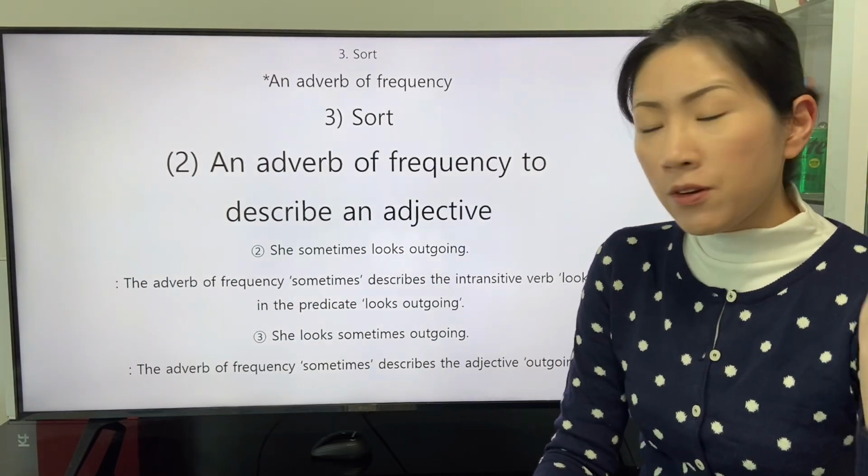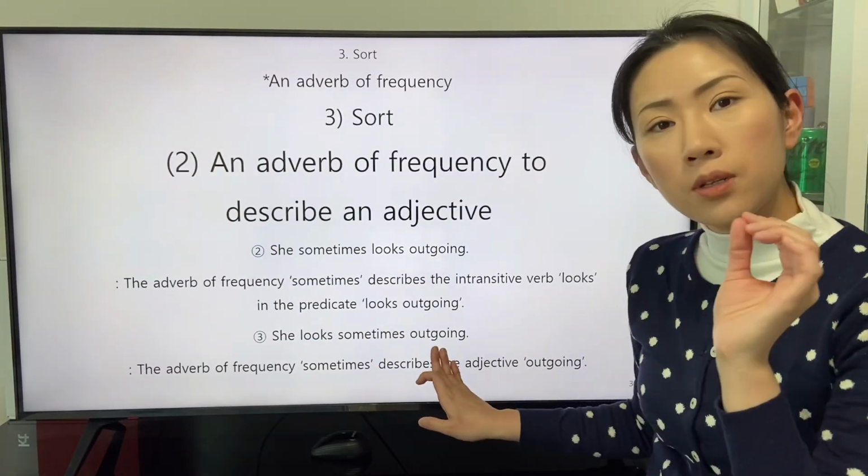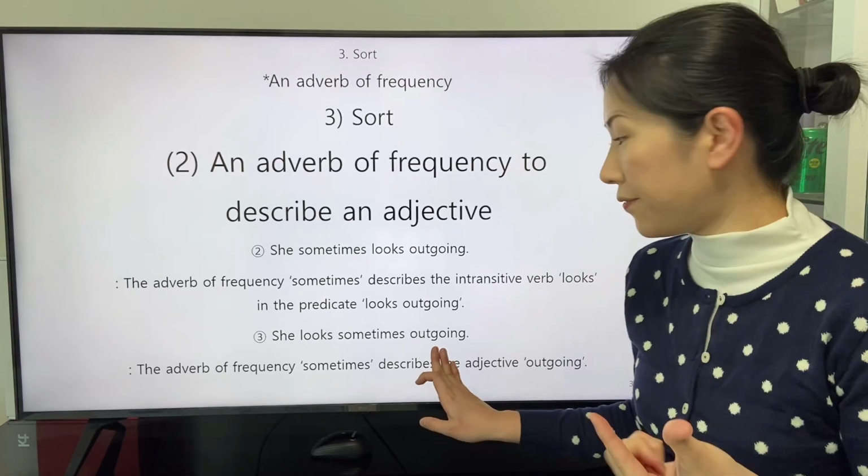The adverb of frequency sometimes describes the adjective outgoing.